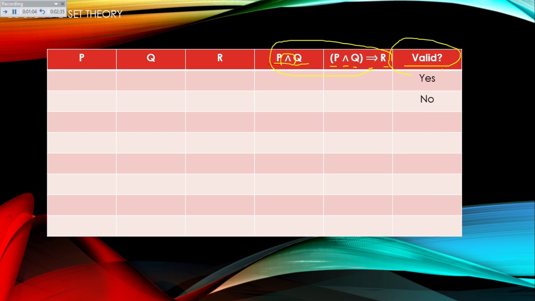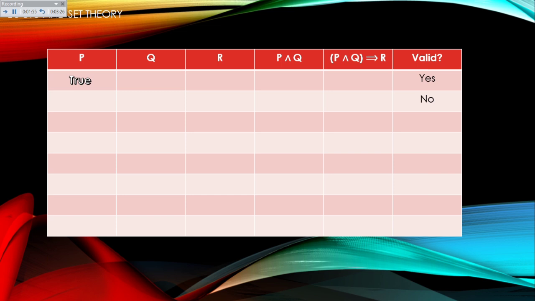To identify whether it is true or valid: if column P is labeled true, it is true.